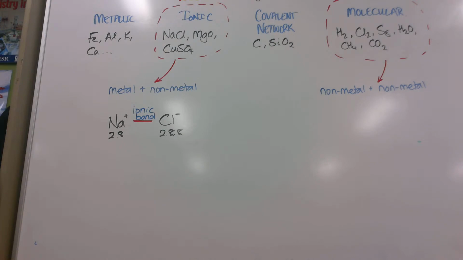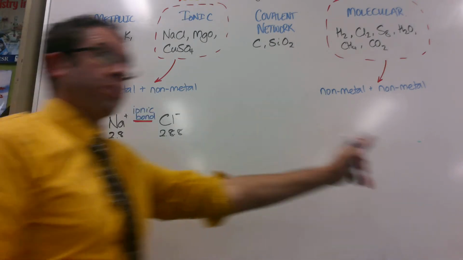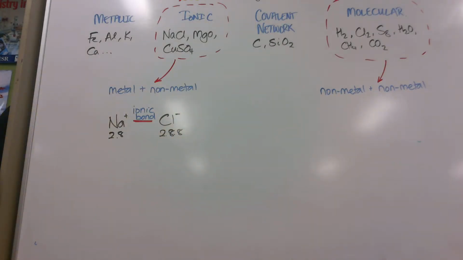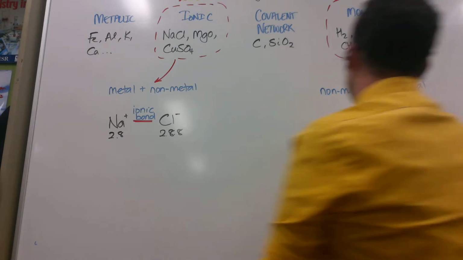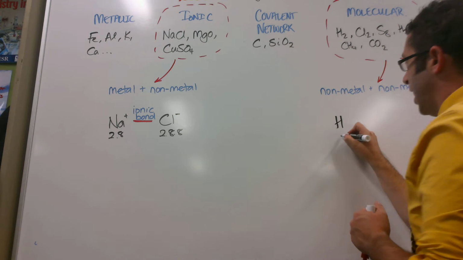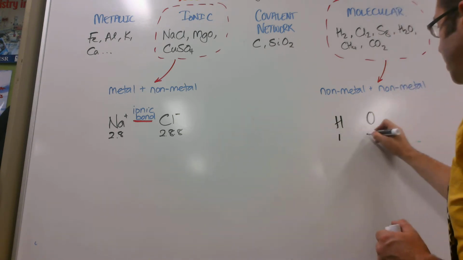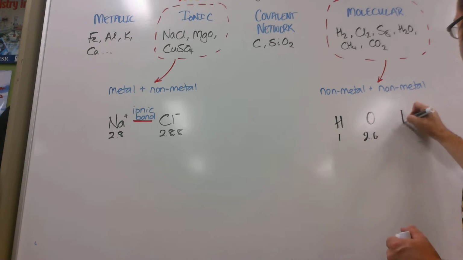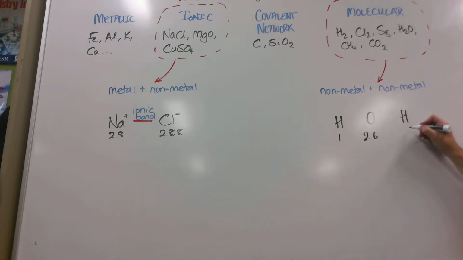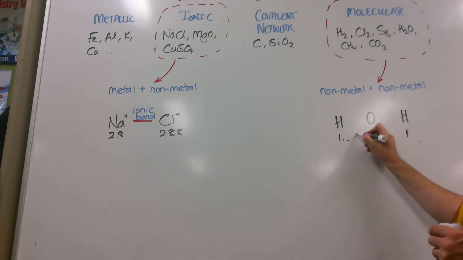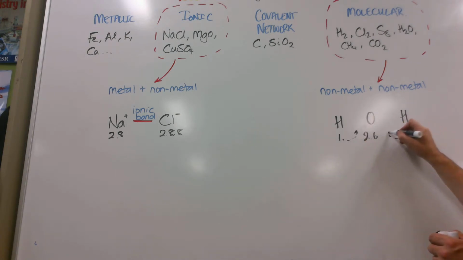Okay. Now I'm going to jump over to the molecular compounds. And I'm going to grab water because it's one that I like using as an example. In this, hydrogen has an electron configuration of 1. Oxygen has an electron configuration of 2, 6. And there's another hydrogen, 1. So what happens is, this one electron goes in between the two of them, and this one does as well.